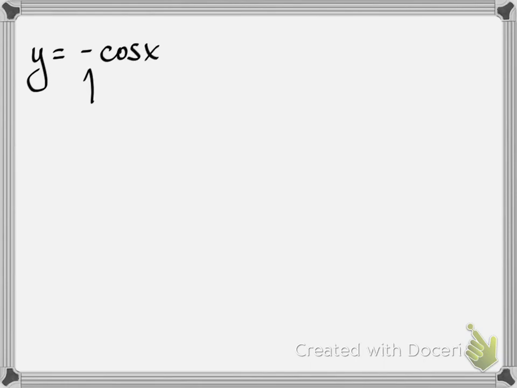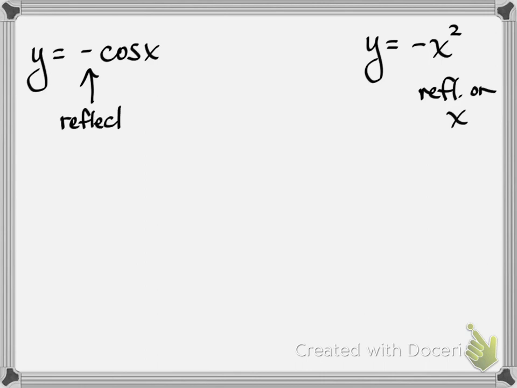What does that do? Well, we're going to fall back on what it did in chapter 1. If you had negative in front of x squared, it was a reflection on the x. It flipped it over. That's what it's going to do here. It's going to be a reflection on the x-axis. And what is also not as common is if you had y equals the cosine of a negative x.